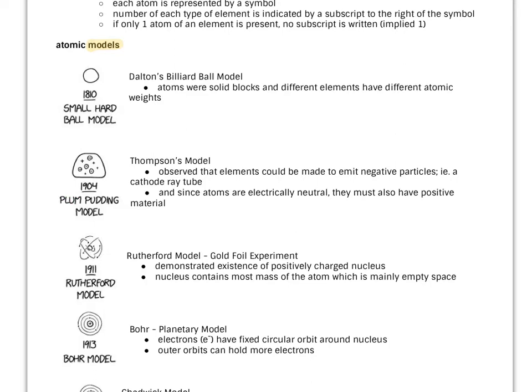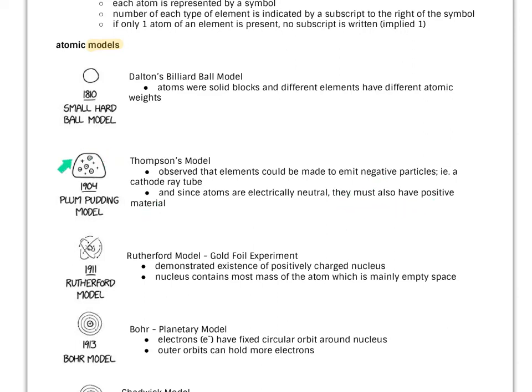And there were a few discoveries in between then, but it wasn't until 1904, which is 94 years later. And so in 1904, the scientist Thomson came up with what we call the plum pudding model. And so Thomson experimented and observed that elements could be made to emit negative particles by a cathode ray tube is what he used for that. So if they could emit negative particles, he theorized that since atoms are electrically neutral, if they can emit negative particles, then that means they also must have positive material.